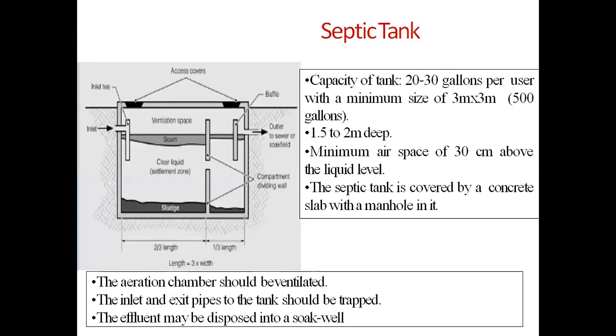So here is a picture of a septic tank. You can see the measurements written here, and the capacity of the tank is 20 to 30 gallons per user, and it can be used for 5 to 6 members of a family.